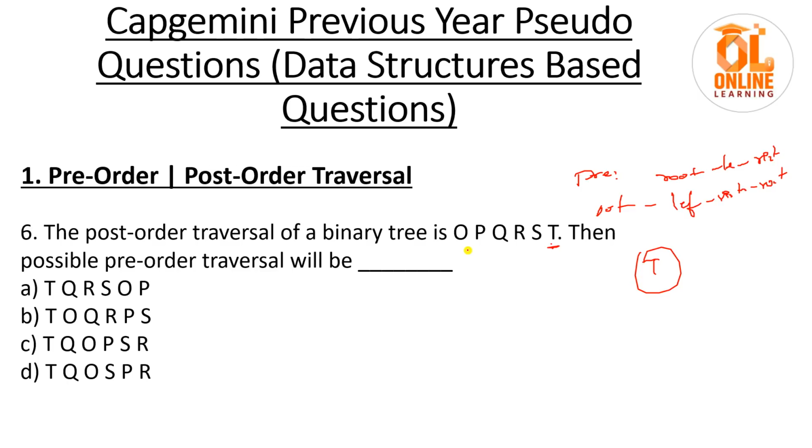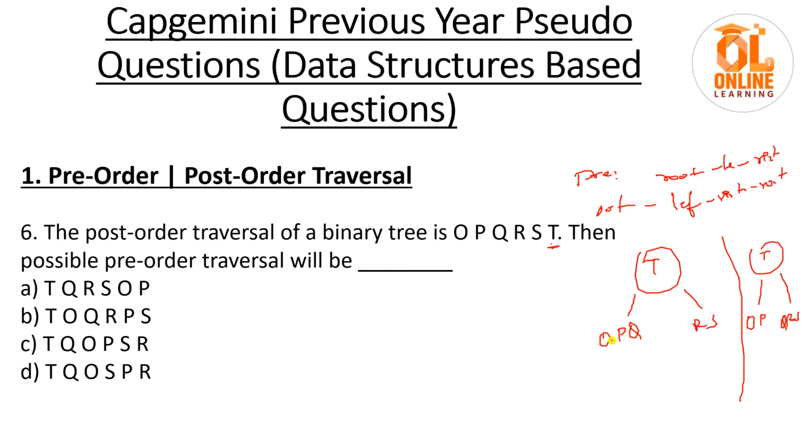So we can keep T here and T will be divided into left and right. So we can assume two combinations. One will be OPQ here and RS here. And another combination will be OP here and QRS, where left and right are divided equally. So this is one possibility.